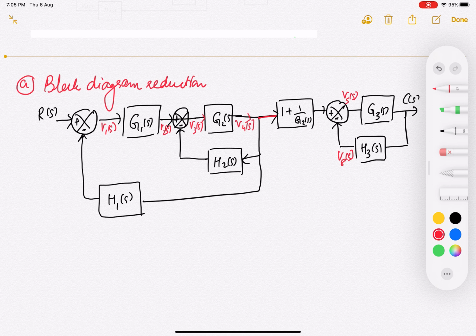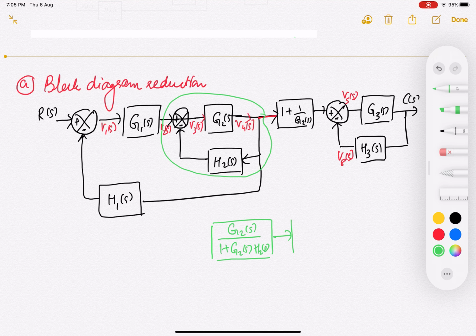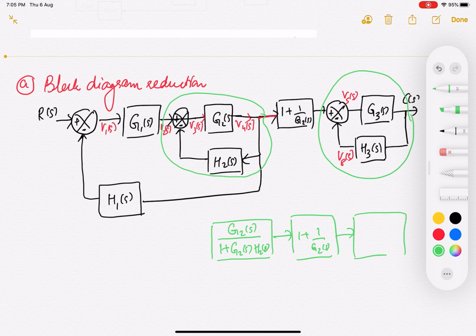You can simplify this part by treating it as a feedback loop. So this whole thing in green will be replaced by G2(s) divided by 1 plus G2(s)H2(s). Then you have this 1 plus 1 by G2(s) here, and this whole thing here can also be replaced by G3(s) divided by 1 plus G3(s)H3(s).